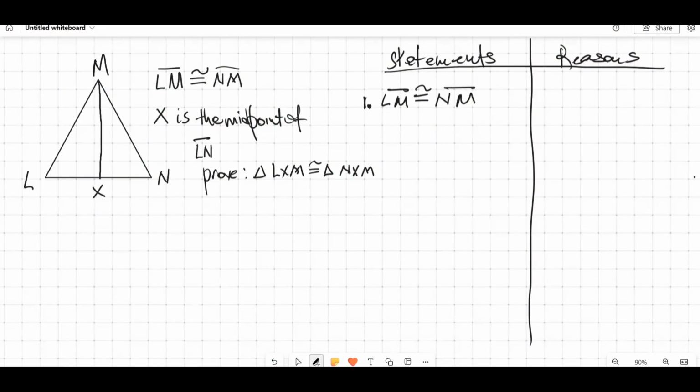In other words, we were just told that this side is this side. And then X is the midpoint of LN. So we're given that. This is given.